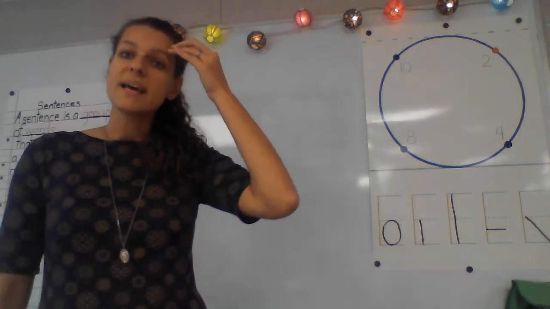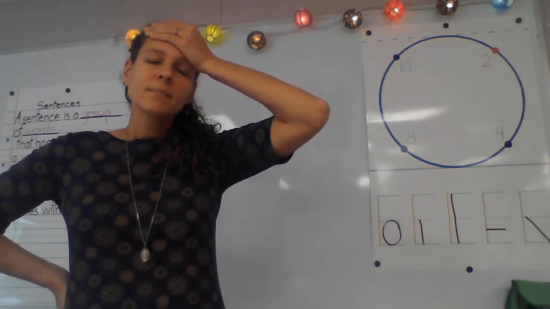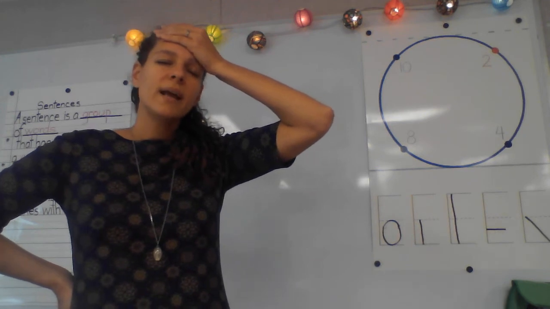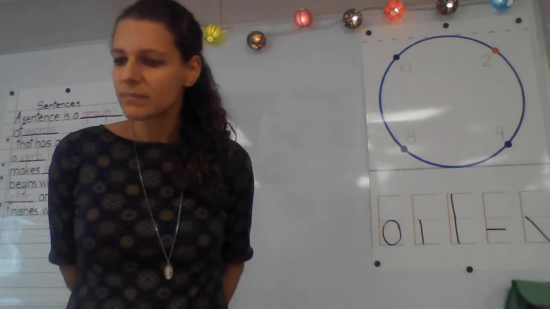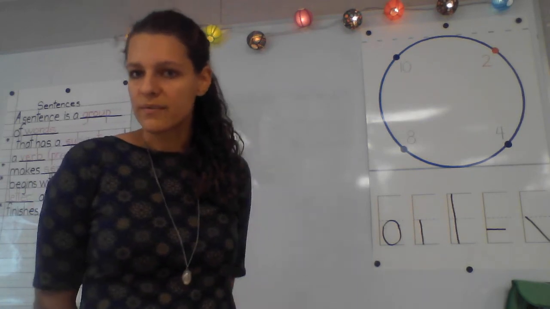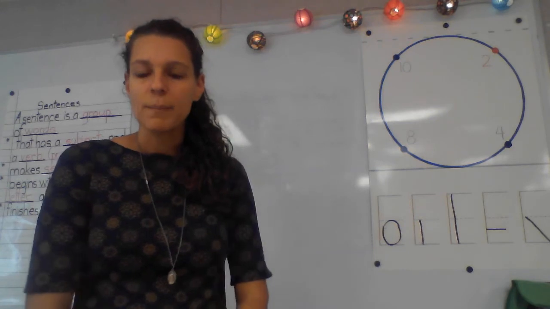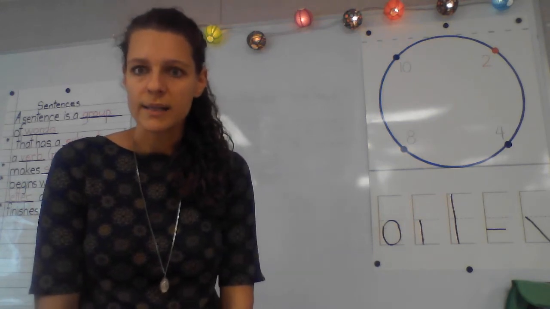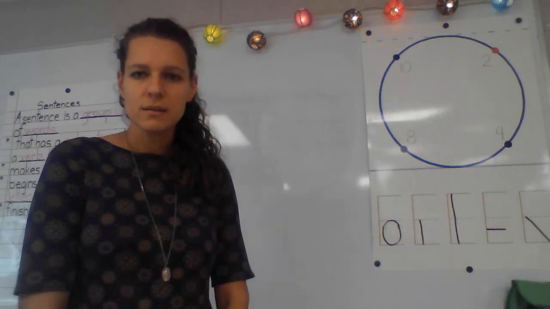So remember, I'll say it again, make a picture in your head. That way, when you're writing and you think, what was that sentence? You go back to that picture. All right, our first sentence. 6 pigs felt hot.